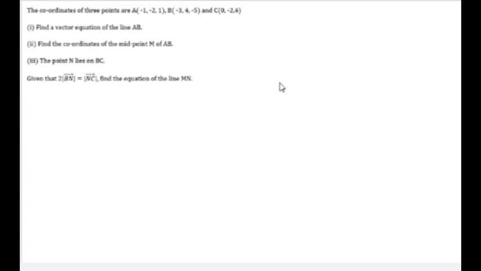A-level paper 3 vectors. Now, as you can see on the screen, we have a question where we have been given three sets of 3D coordinates, from which we are required to find a vector equation of one of the lines, find the midpoint of that line, and then find the equation of the line MN based on those conditions, which we shall take a look at.